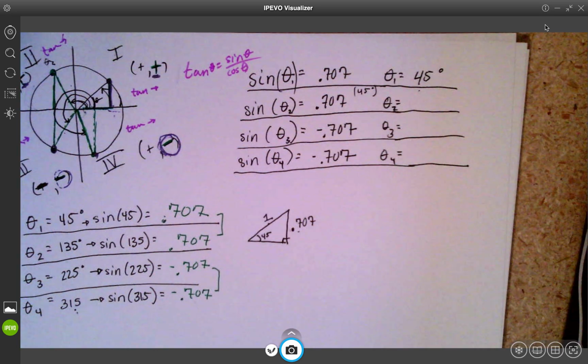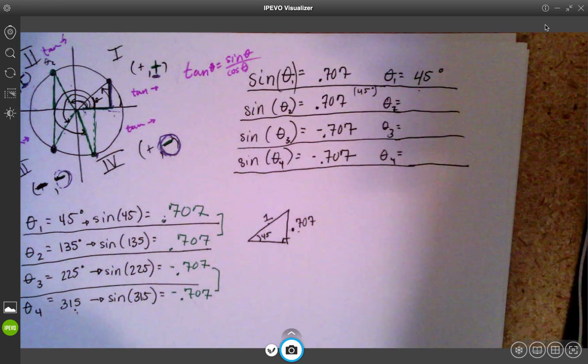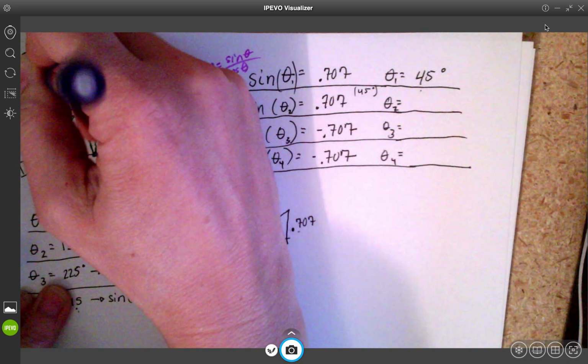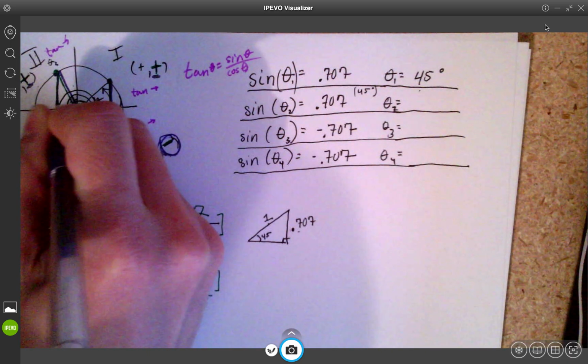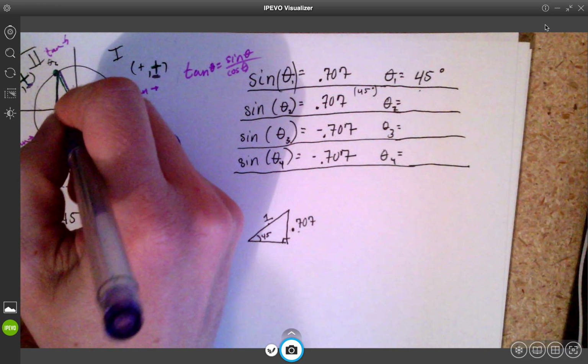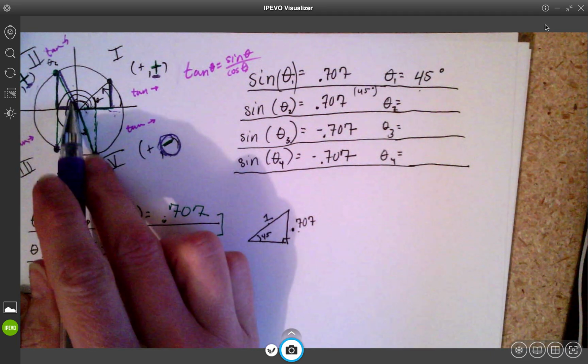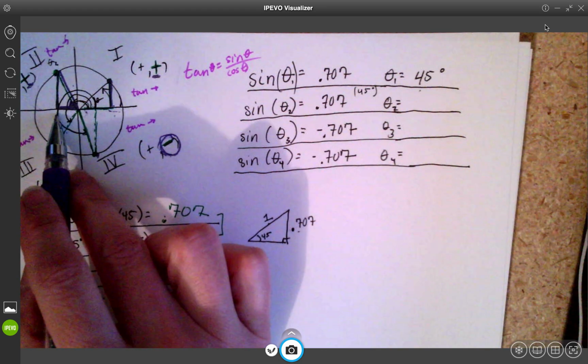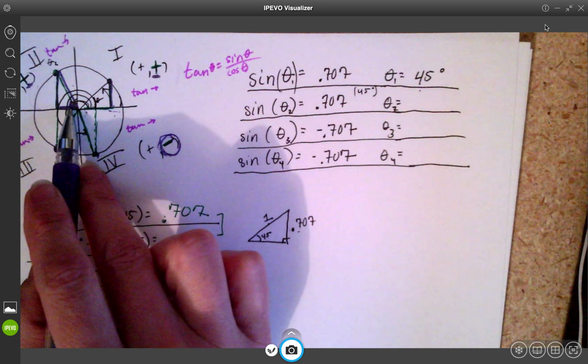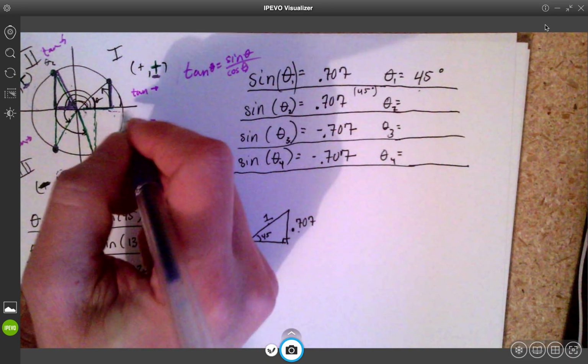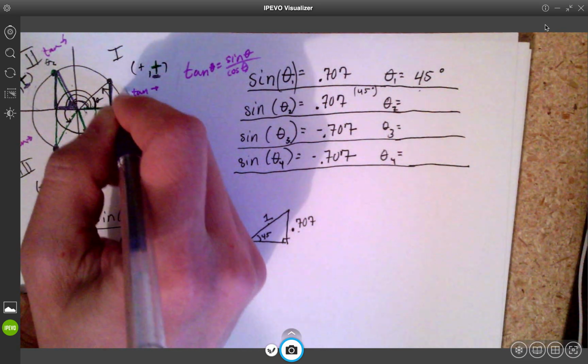Well, it told us that for the triangle that it's thinking exists, here's the triangle we told it about, 45 degrees. But we know you had to go from here all the way over.